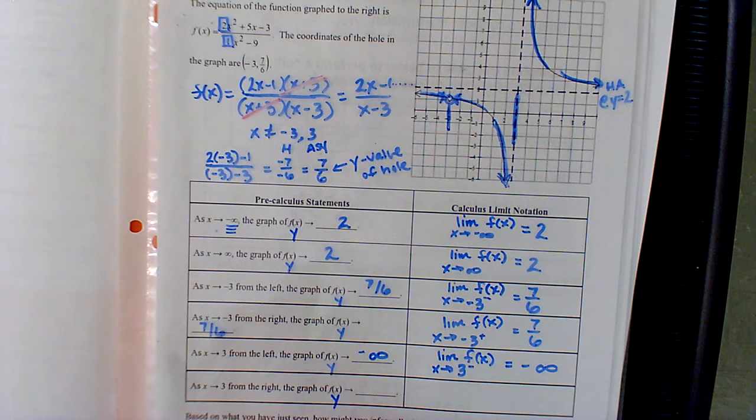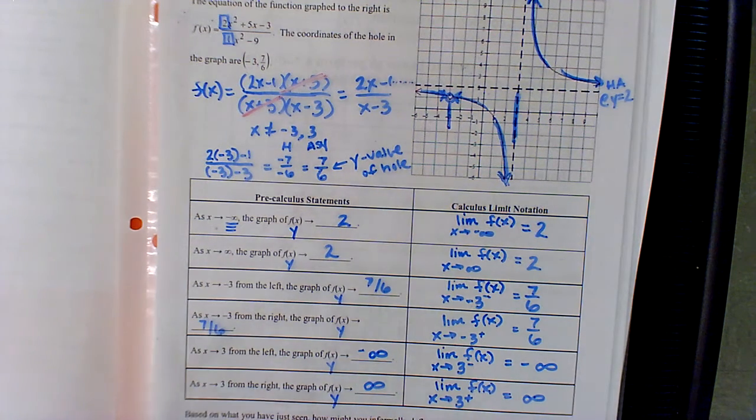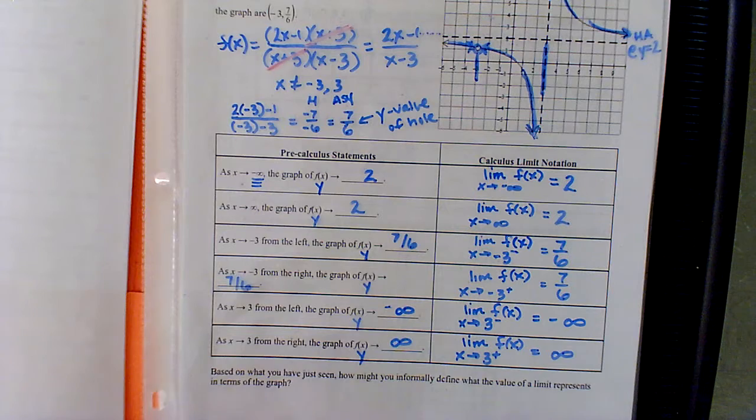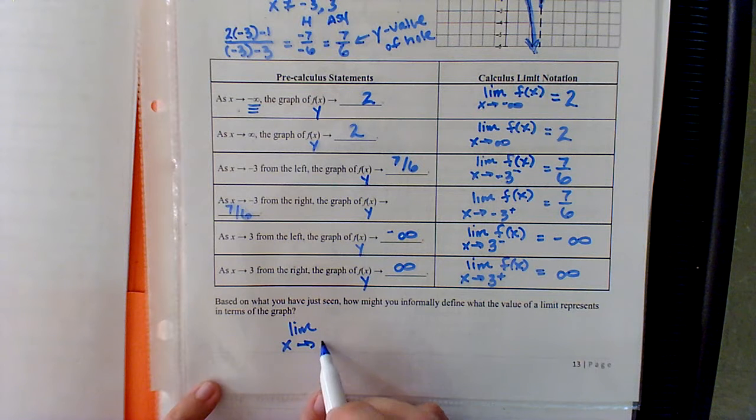So what is the y value or height approaching? Positive infinity, good. All right, so notation, limit, x approaches 3 from the right of the f equation is positive infinity. Perfect.